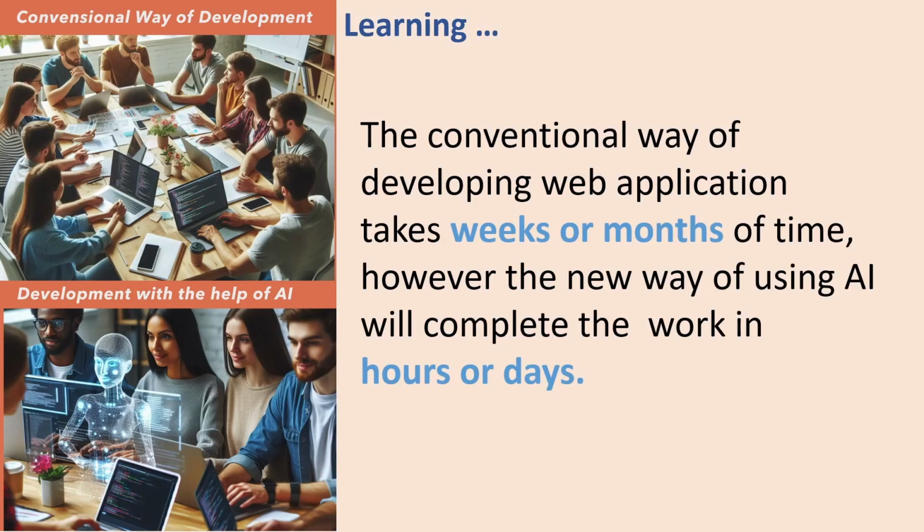The conventional way of developing a web application takes weeks or months. In the first place we know that a team will develop a web application. The web application can be split into different sections, and every section may be developed by a single person or a team, and this should be communicated very well. Every section should be communicated very well, so that they discuss what parameters one section is sending and another section of the application receives.